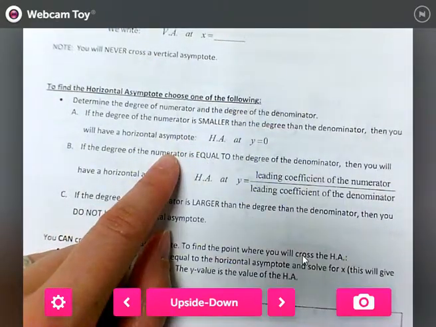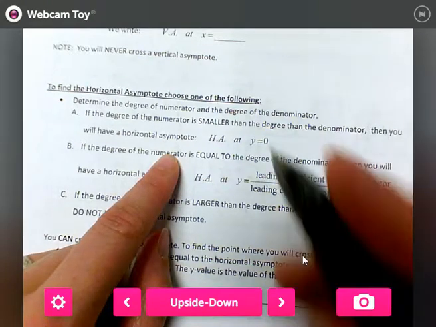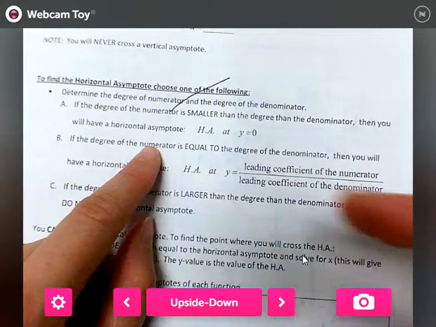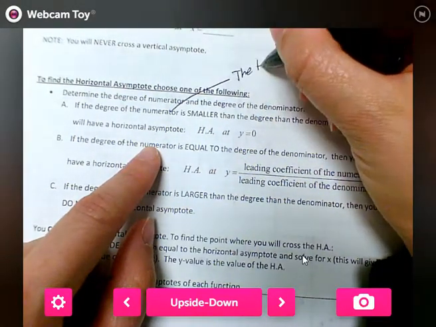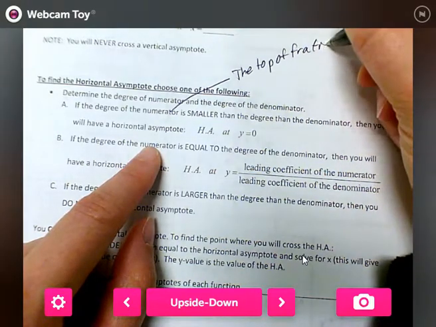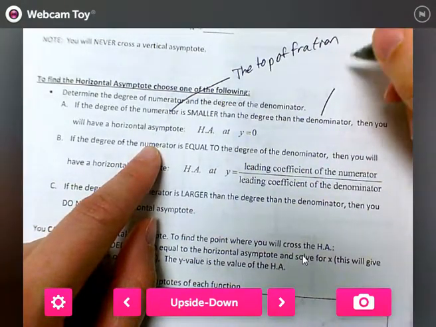So there's a lot of information here. So let's break this down. Numerator means the what? What does numerator mean again? Top. The top of a fraction, right? And denominator means the bottom of a fraction.